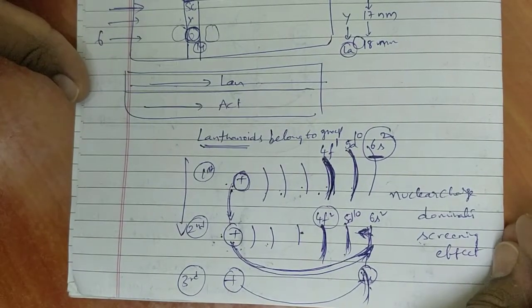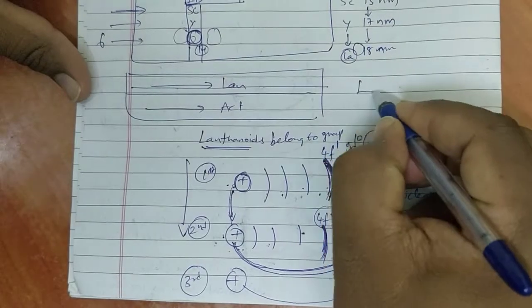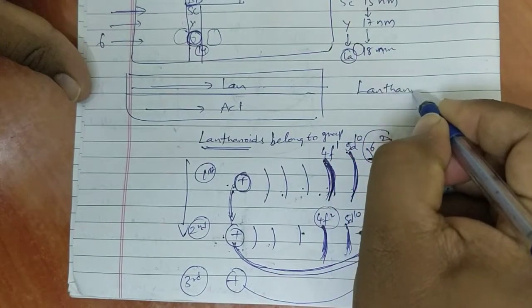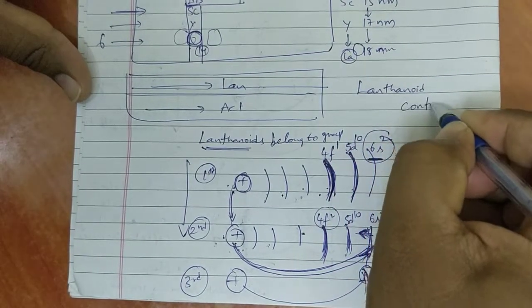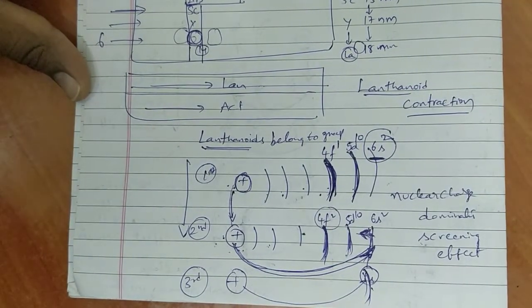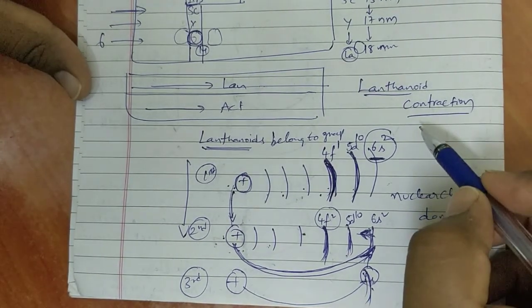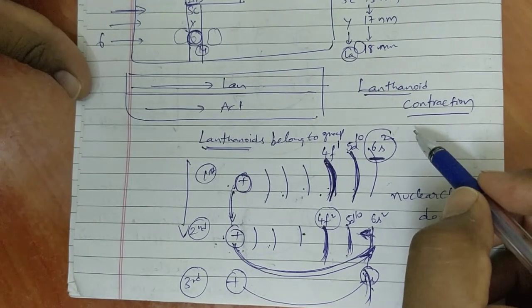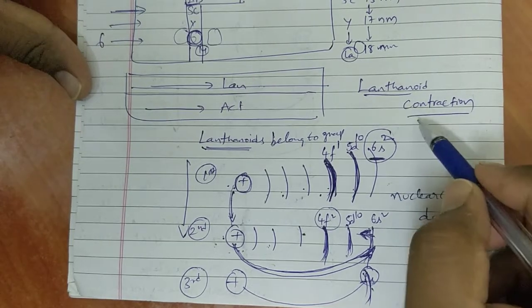The decrease in atomic size when we move from top to bottom in lanthanides is called lanthanide contraction.